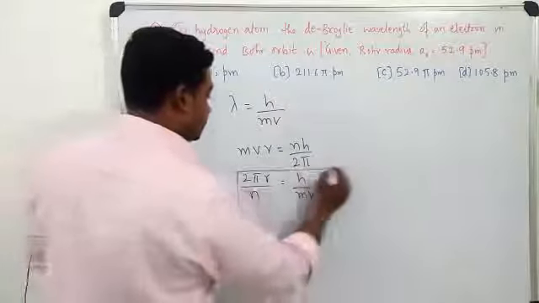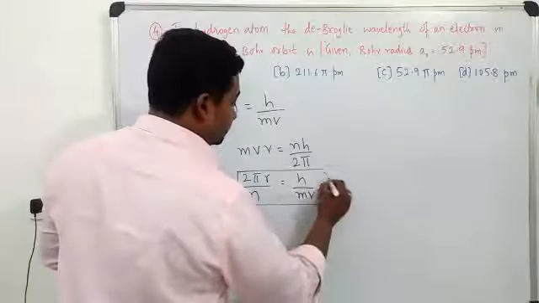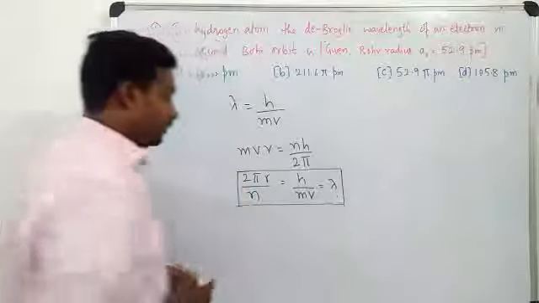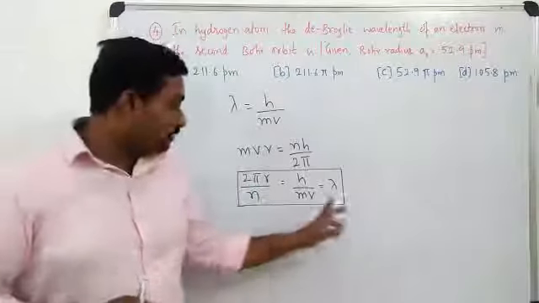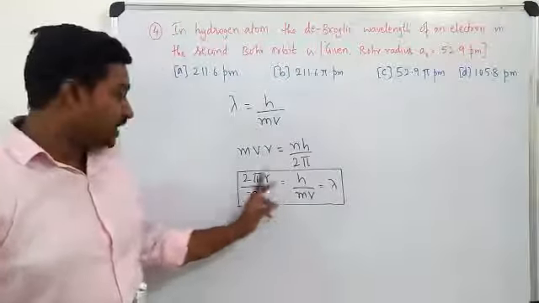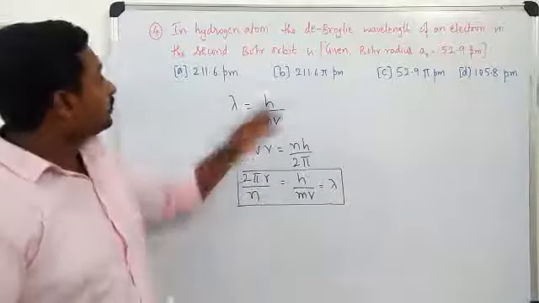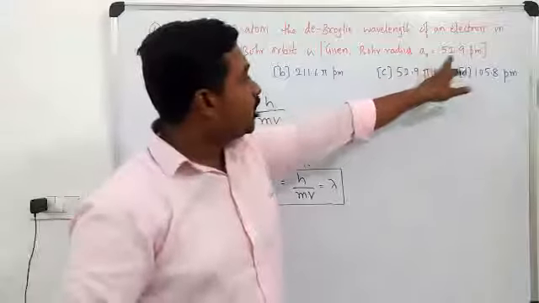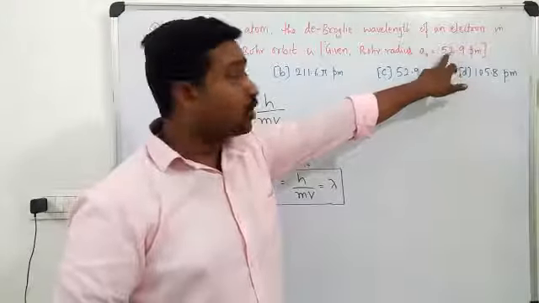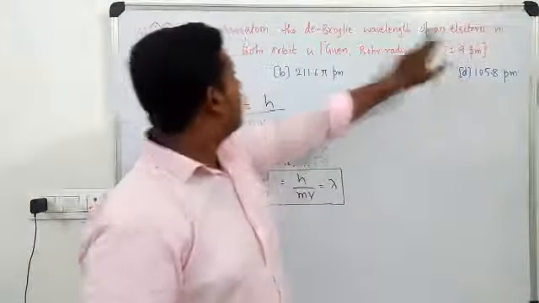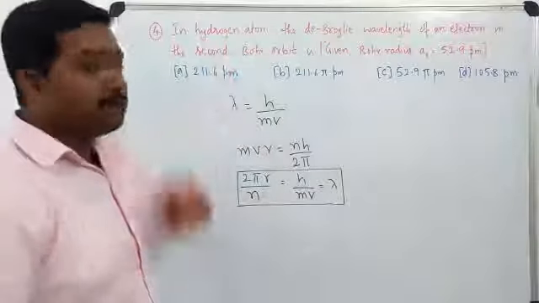So I have this equation here where I can equate this to lambda. So now I can calculate the lambda value using this expression 2 pi r by n. Anyway, I don't know the value of r because this is a0, the radius of first Bohr orbit. I want the second Bohr orbit value.